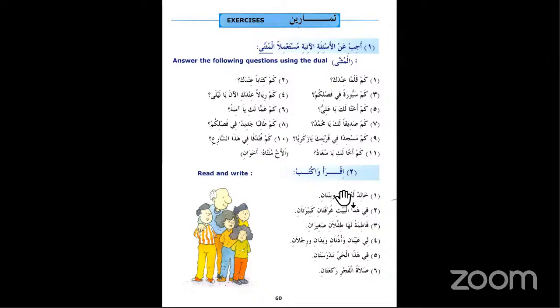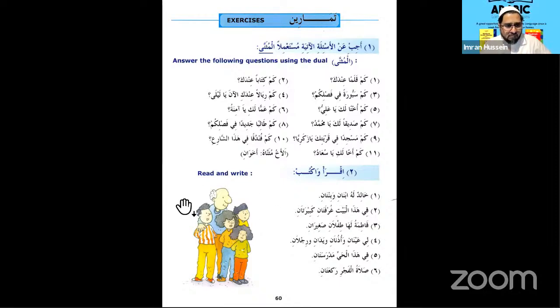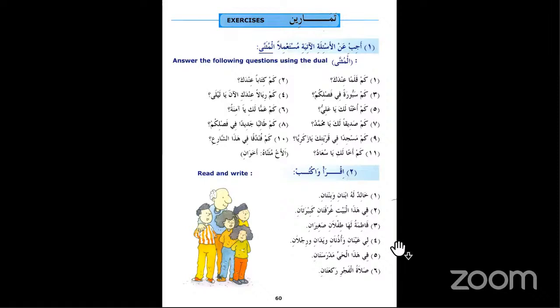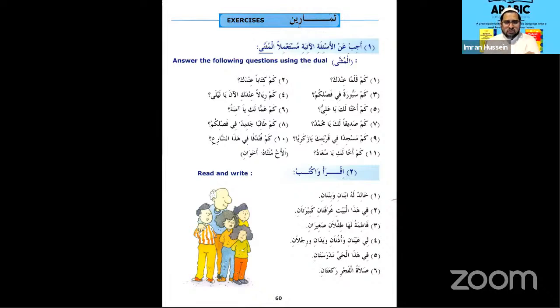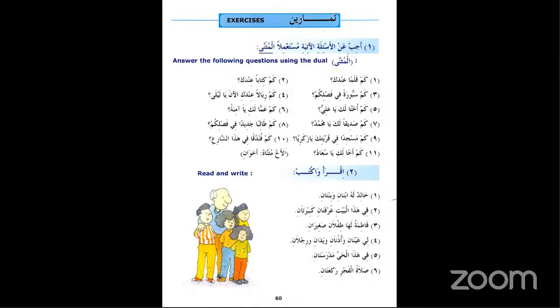I'm here. 1, 2, and 3, please. Assalamu alaikum. Okay, Sister Nasreen, Najma, Bismillah. Khalidun lahu ibnani wa bintani. Correct. Khalid has 2 sons and 2 daughters. Number 3: في هذا البيت غرفتان كبيرتان.